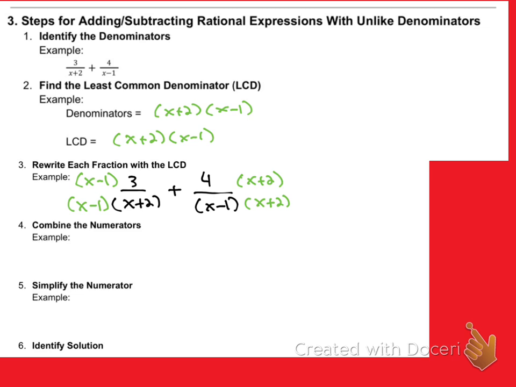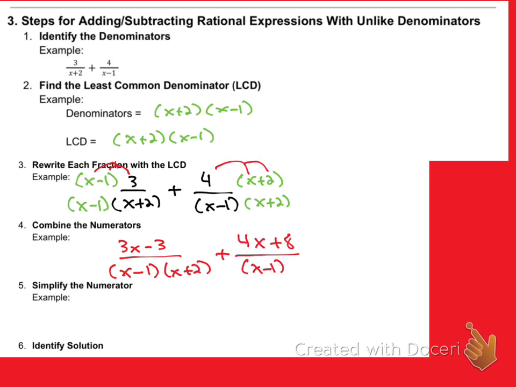And the numerators we would need to distribute. So I'd have 3x minus 3 over our LCD plus 4x plus 8 over our LCD.